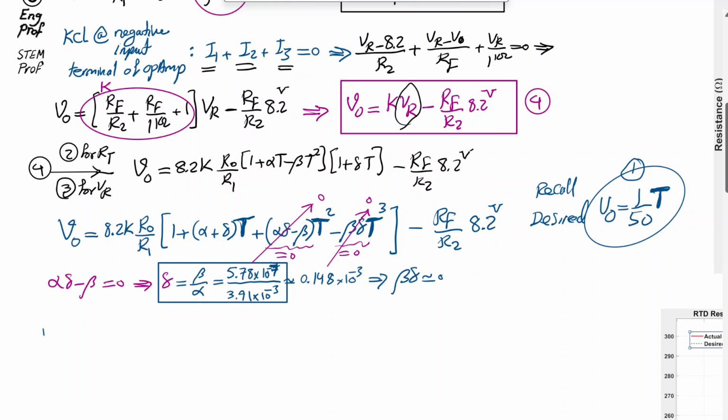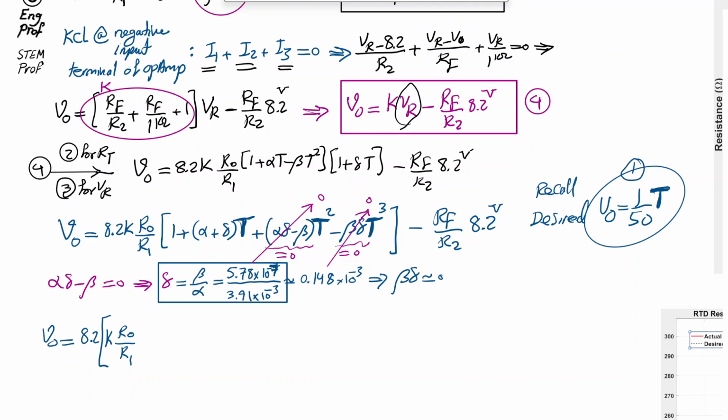If we set everything like this, then V out becomes simply 8.2 K R0 over R1. Let me just clean it. Okay, so 8.2 K, and here there is this component.